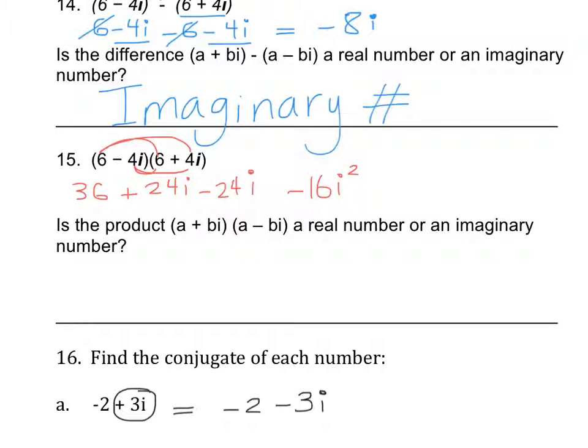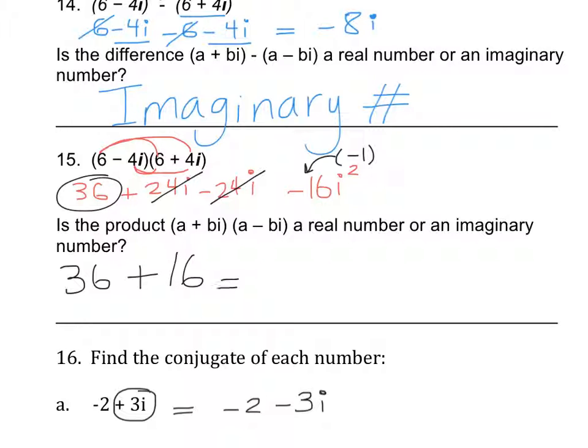So let's combine like terms. 36, I'm going to copy it down. 24i and minus 24i, that will cancel. Now i squared, remember, is a negative, so that's going to change the sign of the number in front of it. So negative 16 will become a plus 16. If I add these two numbers, I will get a real number, 52. The imaginary number is canceled out. So every time I multiply a complex number by its conjugate, I will end up with a real number.